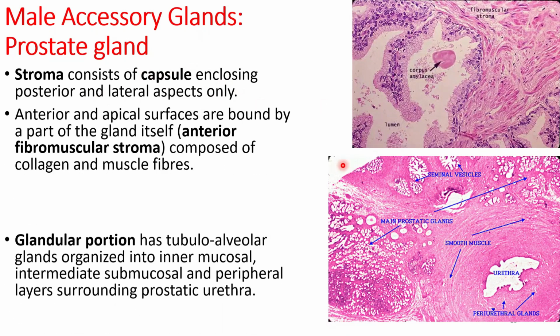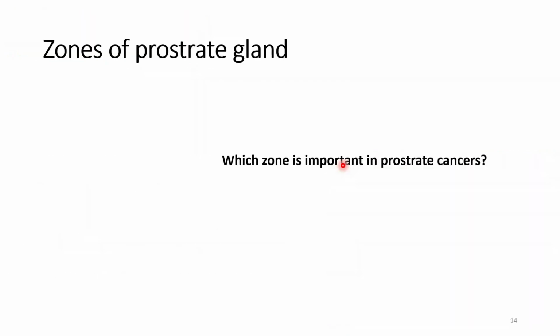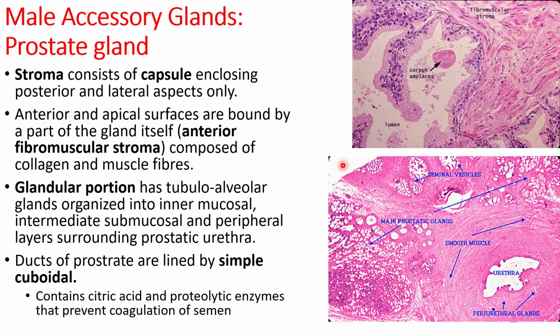We need to appreciate the structure of the prostate, but we'll see it in our next slide. Then, of course, it will send in some trabeculae a little bit. The anterior and the apical surfaces are bound by the gland itself.